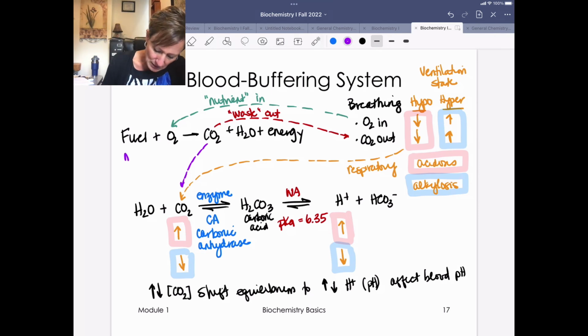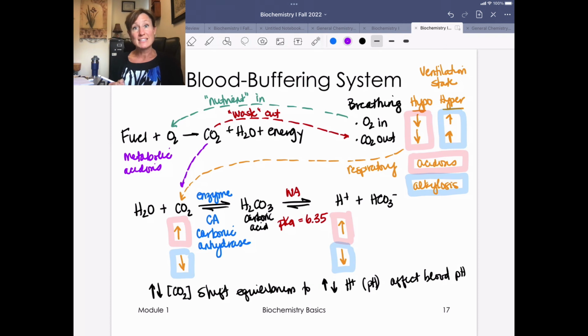Introducing more carbon dioxide by fuel metabolism is a way to contribute to an acidotic state through metabolism. As we'll learn, there are lots of other metabolic processes that might contribute to a drop in blood pH, and that's going to be a state of metabolic acidosis.